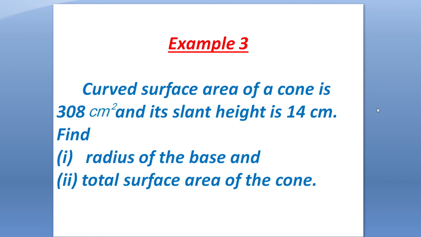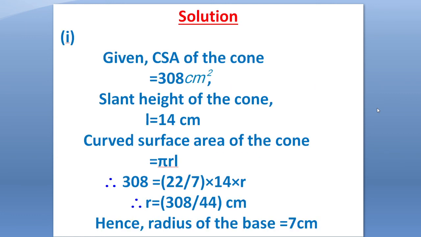So it's very easy. Let us see the solution. Curved surface area CSA is given, 308 centimeter square. Slant height of the cone L is equal to 14 centimeter.